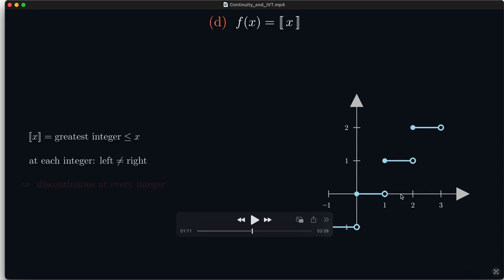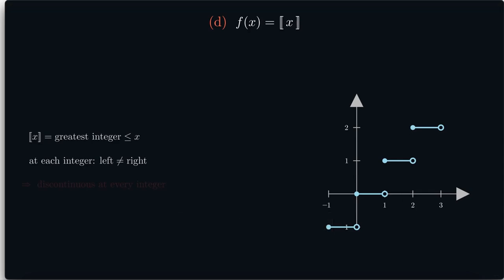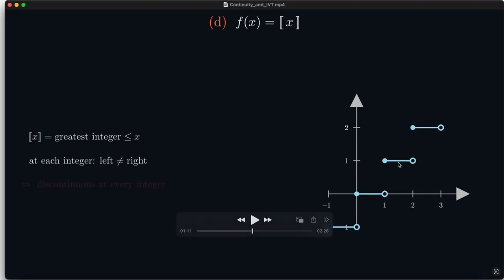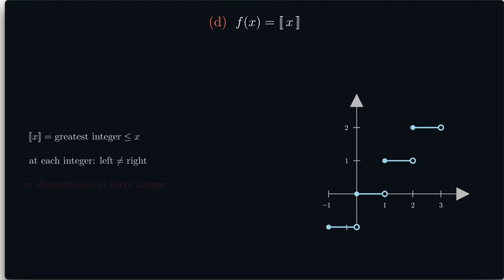If I'm at 1.5, the biggest integer less than or equal to 1.5 is 1. If I look at 1.1, the greatest integer less than or equal to 1.1 is also 1. So really anywhere between 1 and 2, the biggest integer less than or equal to that is the value right before that integer.